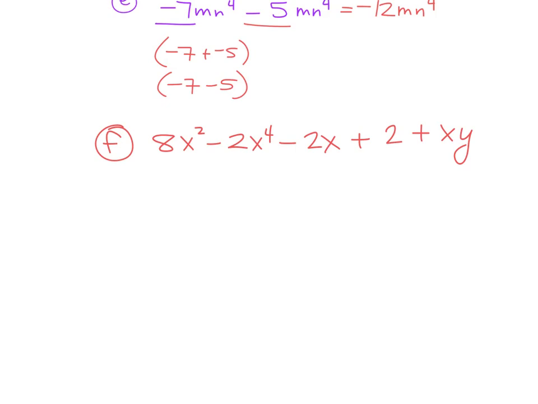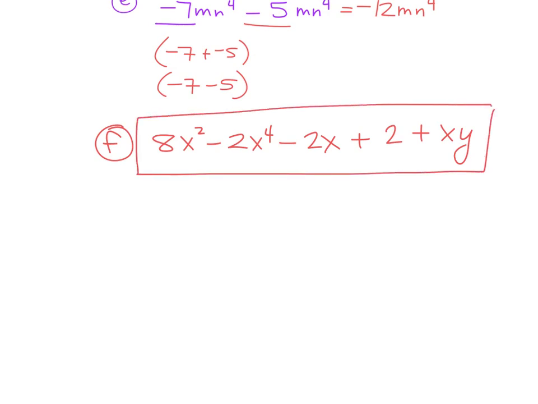So your simplest answer right now is this. There's nothing you can do to it. Okay? Oh, that's the answer. That's it. You can't combine anything because none of them are the same in terms of like terms. So if that was on a test, you just leave it. You'd put a box around it. Okay, I'm going to do one more. And then we'll be done.